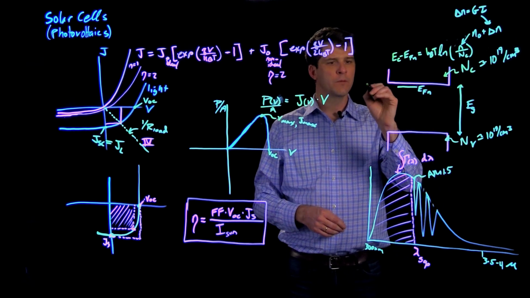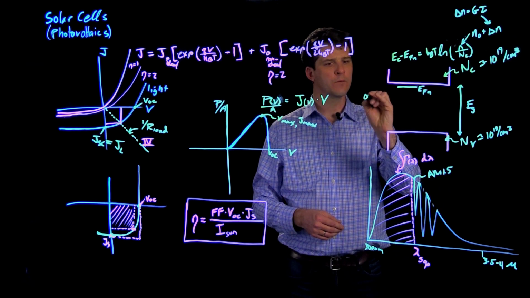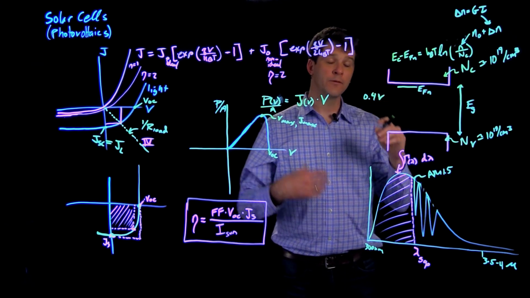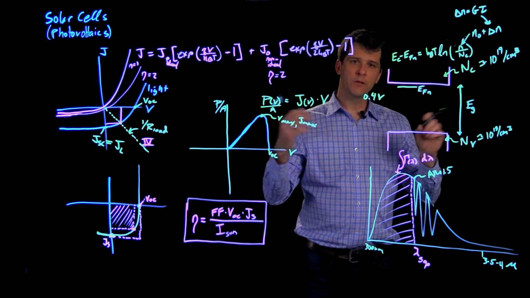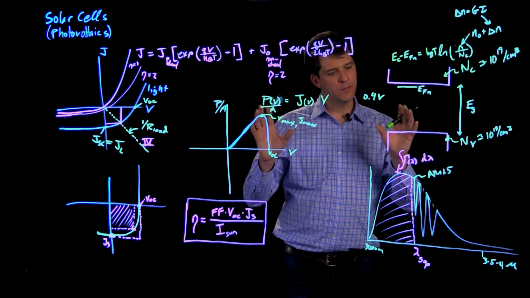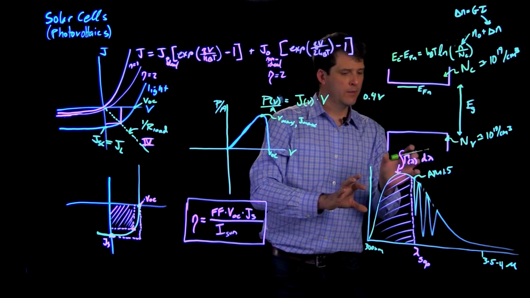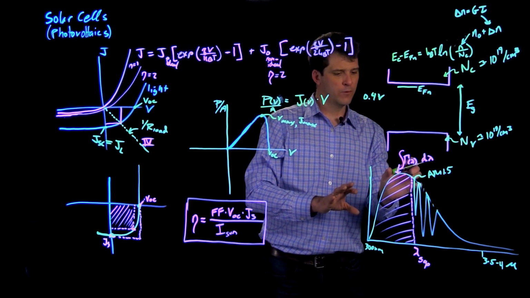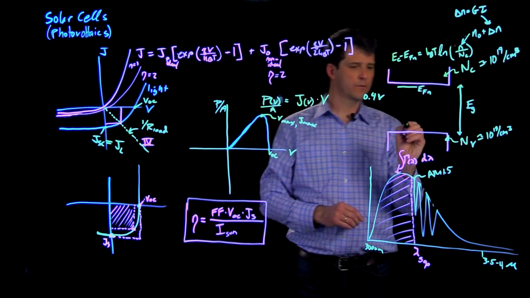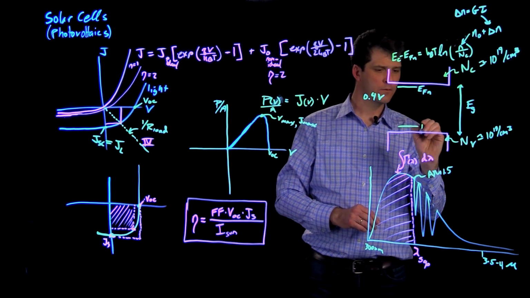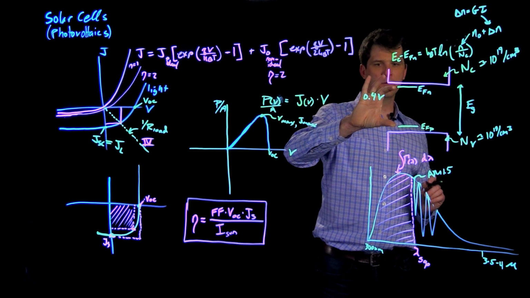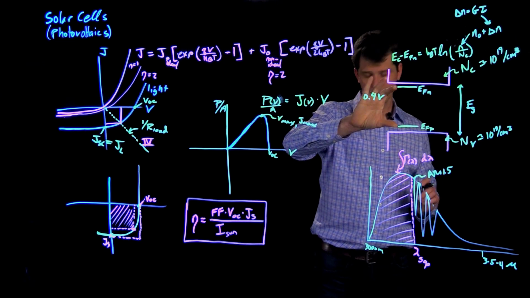So a decent rule of thumb is that for most semiconductors, with reasonable lifetime in the few nanosecond range, and carrier injections set by a band gap between 1.1 and 1.5 electron volts, you should lose about 0.4 volts, because you can't push these quasi-Fermi levels all the way to the band edges.